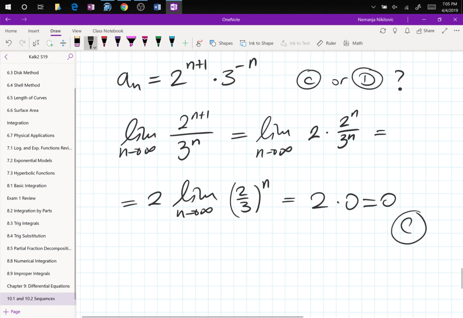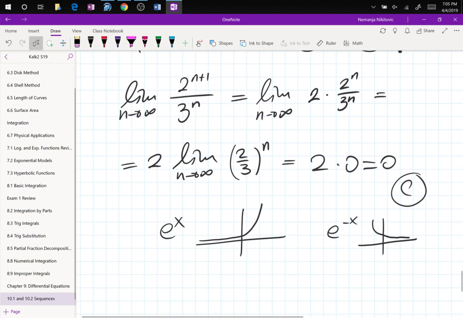I said 0. How is it 0? So remember how you have e to the x and the graph looks like this? And then you have e to the negative x and the graph looks like that going to 0? Now e is a value that is bigger than 1. I have 2/3.